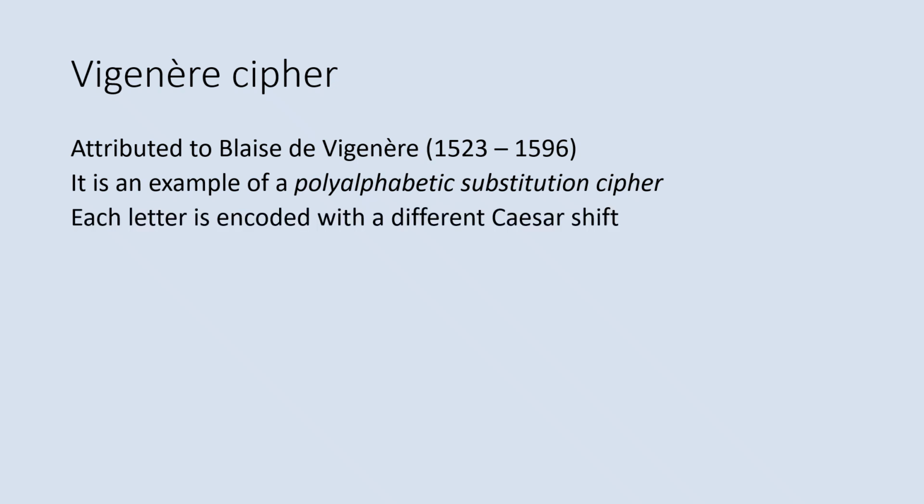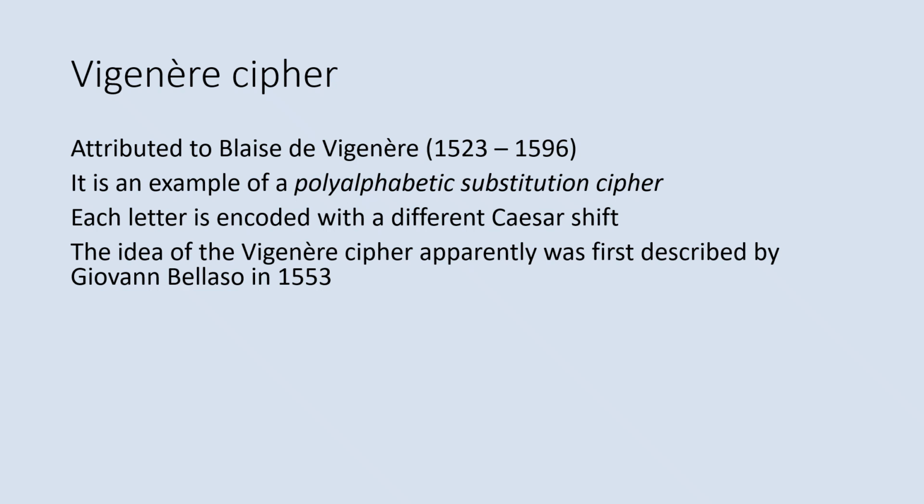Each letter, rather than all the letters being encoded with the same shift, gets its own shift. Now, the version we're giving is closer to Vigenère's description of the method. The basic idea was apparently first described a few years earlier by an Italian cryptographer.